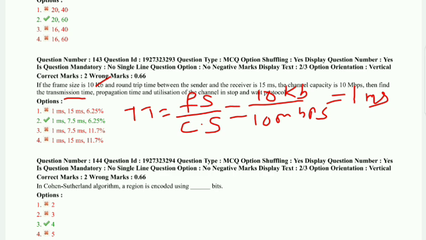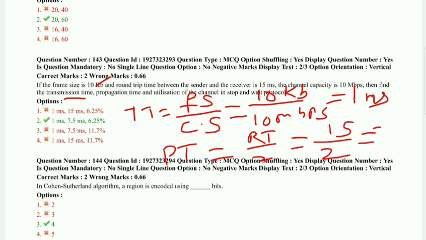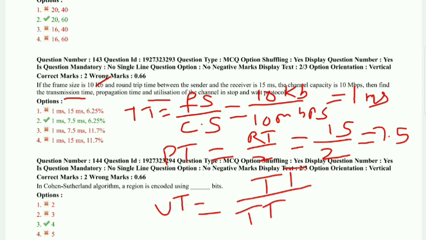Next, propagation time. Propagation time is half the round trip time, and we have been given the round trip time here. So propagation time equals round trip time by 2, that is 15 milliseconds by 2, which equals 7.5 milliseconds. And the utilization of the channel: utilization equals transmission time by transmission time plus round trip time.